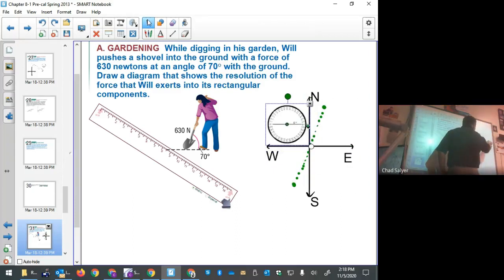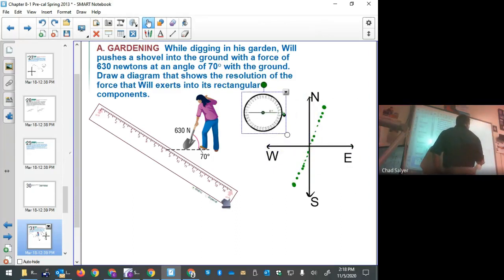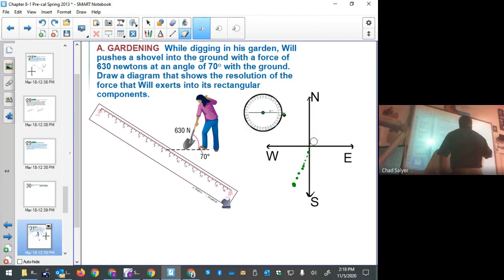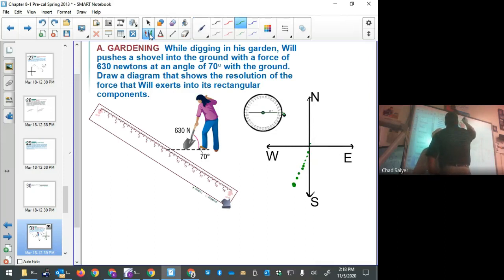So the force comes from 70 degrees and then down through 250 degrees like this. And vertical angles, like if this is 70, this is going to be 70, therefore that has to be 20. So 20 less than 270 is 250. So anyway, the angle to the horizontal for this is going to be 250 degrees.